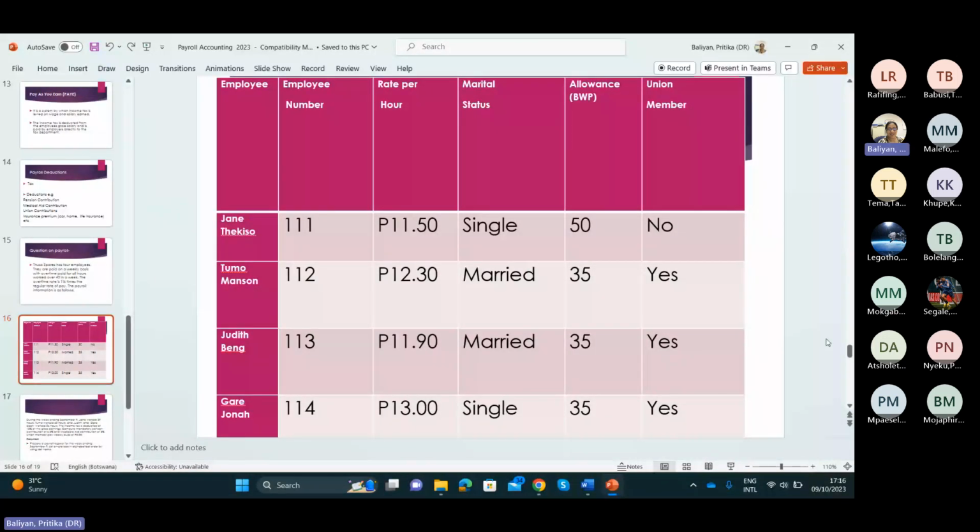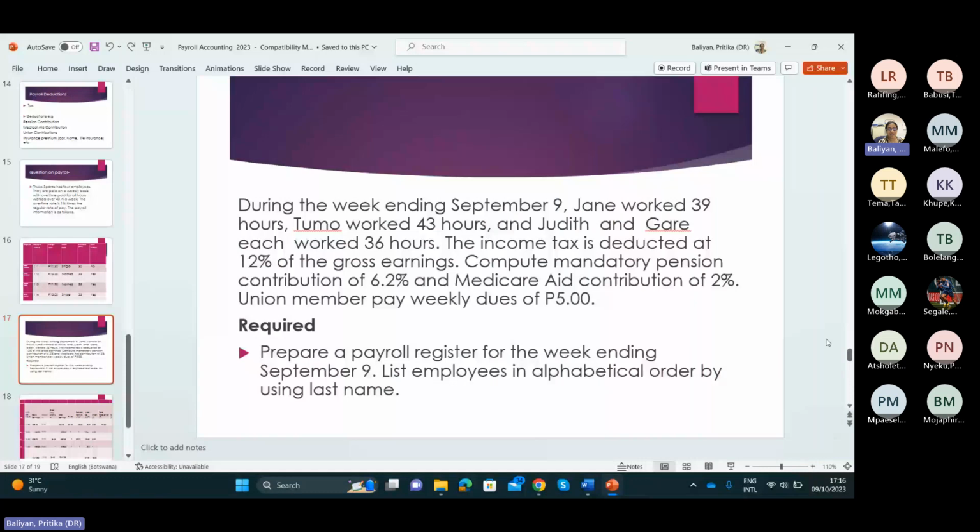During the week ending September 9, Jane worked 39 hours, Tumo worked 43 hours, Judith and Gare each worked 36 hours. Income tax is deducted at the rate of 12% of the gross earnings.